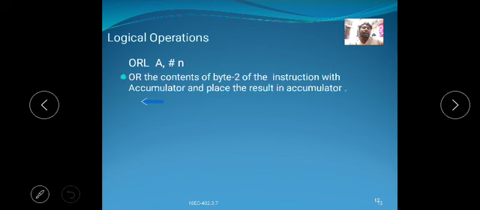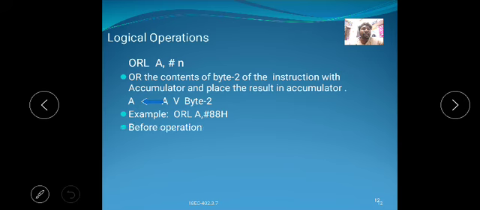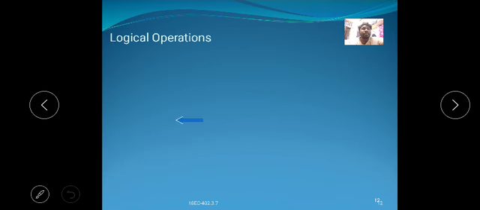ORL A, #n: OR the content of byte 2 of the instruction with the accumulator and place the result in the accumulator. A OR byte 2. Example: ORL A, #88H.